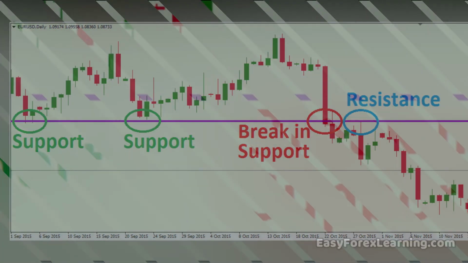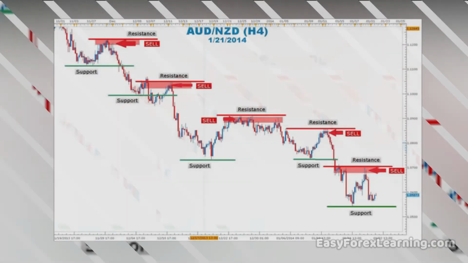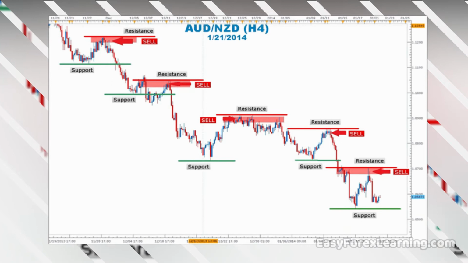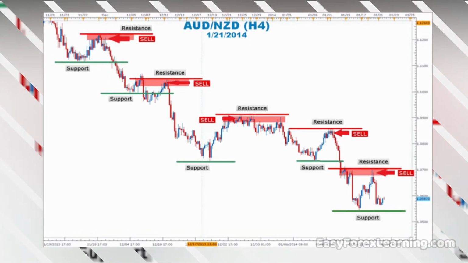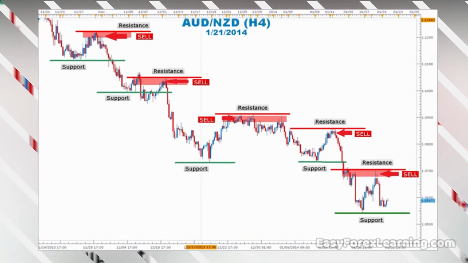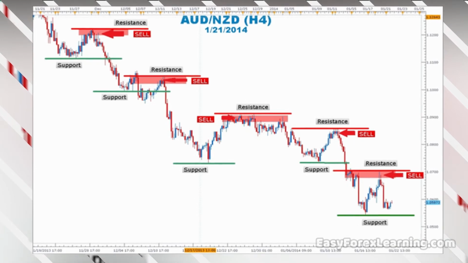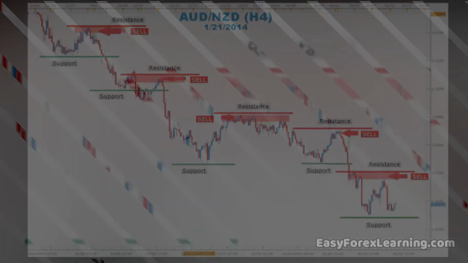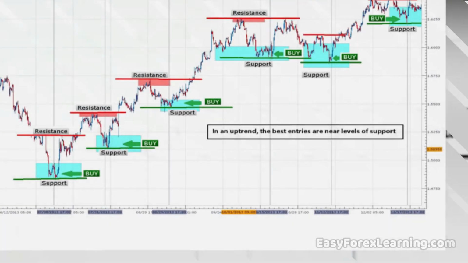Let's take our same example from above and see what happened when the price actually closed past the 1.4700 support level. In this case, the price had closed below the 1.4700 support level but ended up rising back up above it.